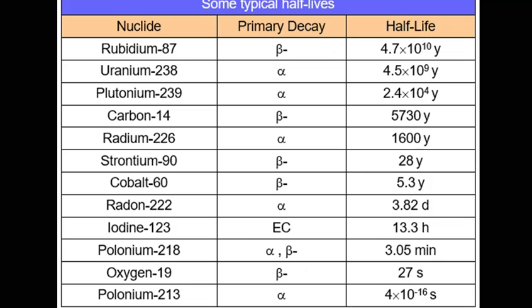All right, so that's it. That's all I wanted to cover on this. I wanted to go over the different kinds of decay, give you some idea of what those decays are.